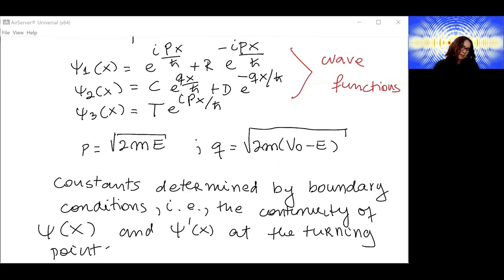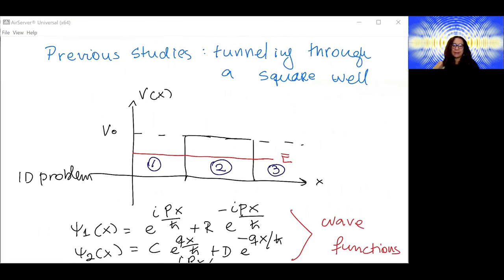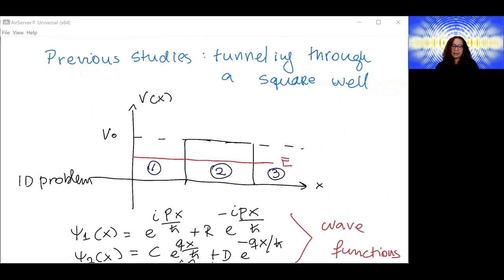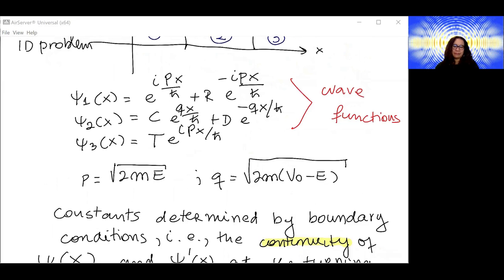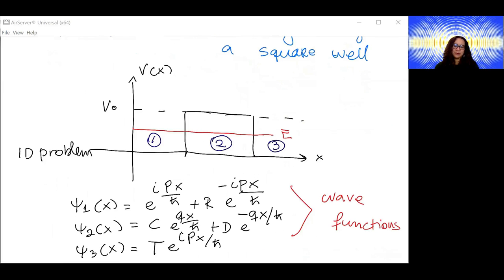And this is something we expect, because here we just have one wave function in all space, and it should be continuous. But we know how we represent it in regions 1, 2, and 3. So what we need is continuity at the boundaries between these regions, which are these turning points here and here.